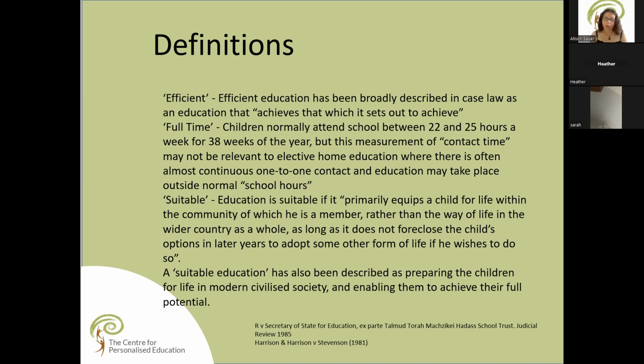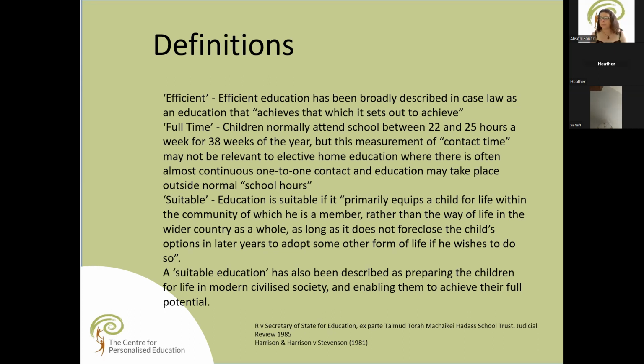Because it didn't look like a state school education, the Secretary of State lost the case because this definition of suitable came up. So you can have a culturally appropriate education, but you're still going to need functional skills, so that if you're not there anymore, you can adopt another form of life.